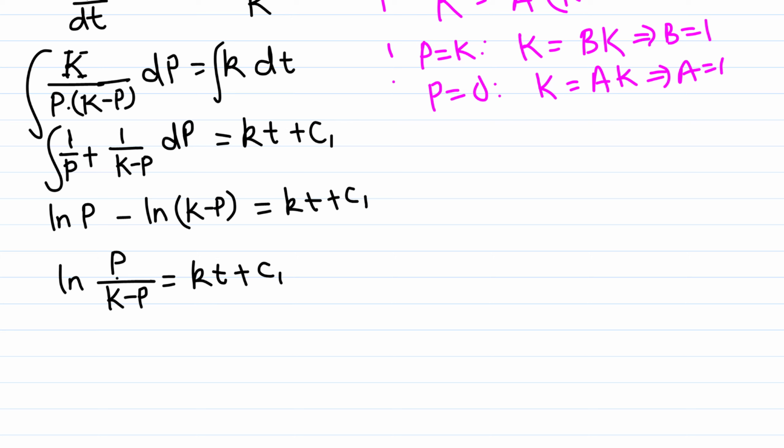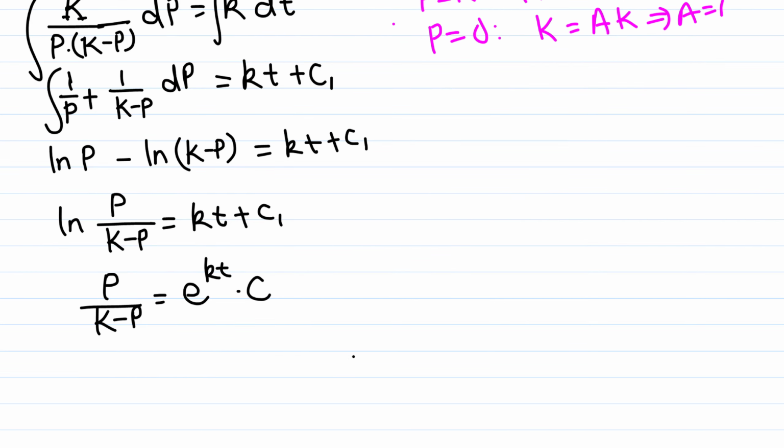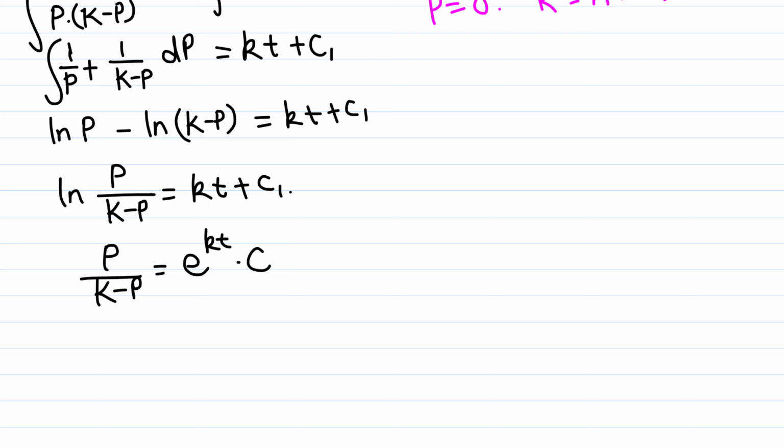Exponentiate both sides. So P over K minus P equals e raised to kt times e raised to c1, and I want to denote that by C. Okay, let's determine the value of C, and we need to isolate P, solve for P. So using the initial population, P at 0, that's P naught.